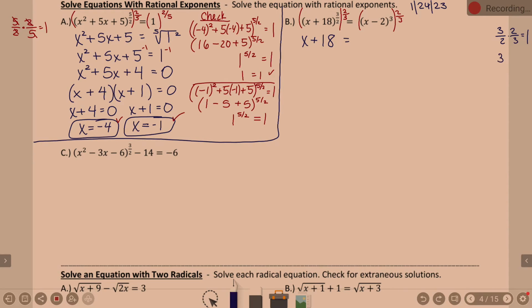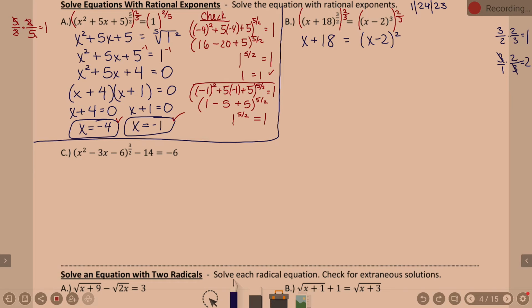Now, what about 3 times 2 over 3? 3 is a fraction, it is 3 over 1. 3 times 2 is 6, divided by 3 is 2. Or I say cancel the 3's and I just get 2. So on the right, I actually end up with x minus 2 to the second after I multiply those.